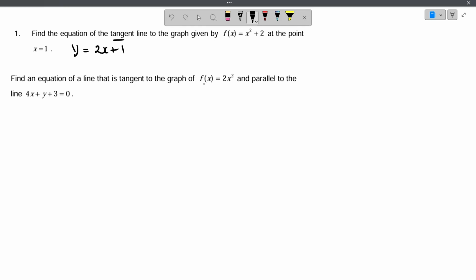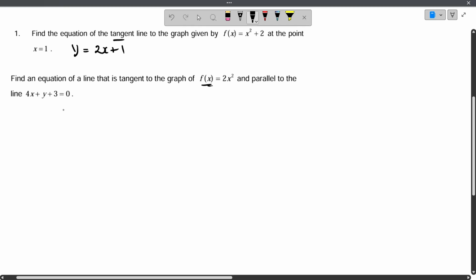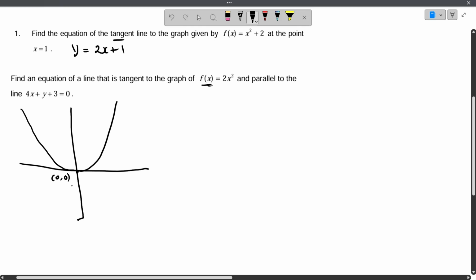If you go ahead and sketch this parabolic function, you can see that it touches the origin, where you have 0 and 0.